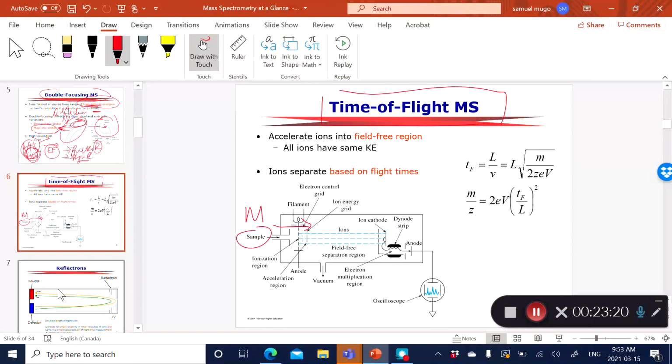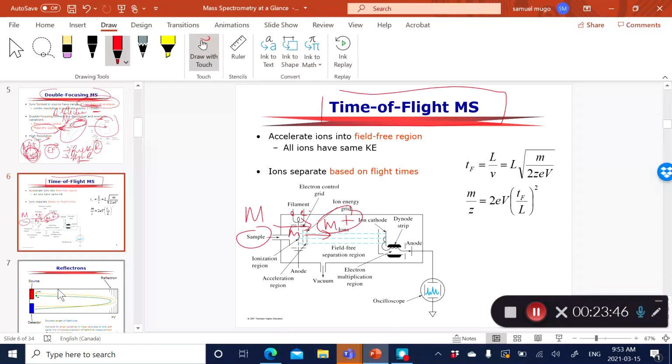The ionization chamber in this case is electron impact, which is just a filament, a bulb, generating electrons, and then the electrons hit the analyte M, causing ionization to happen, such that when they get out of the filament, they are in ion form.